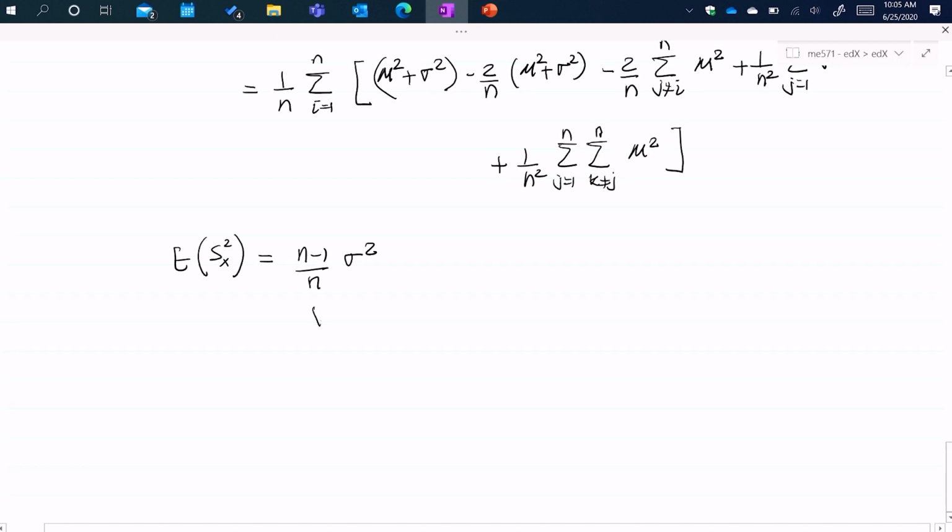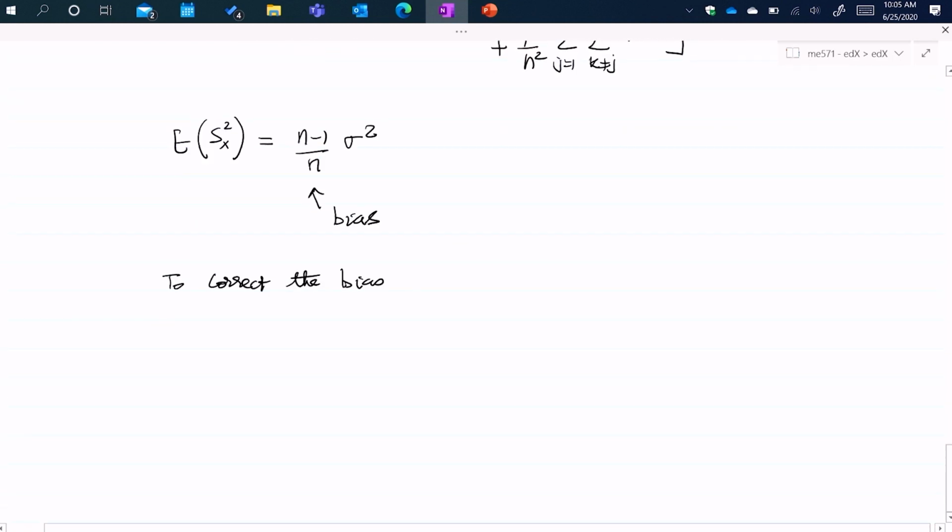So this is really what we would call a bias in our estimate. So to correct the bias, what we would need to do is to write sigma squared as n over n minus 1 times S sub x squared.